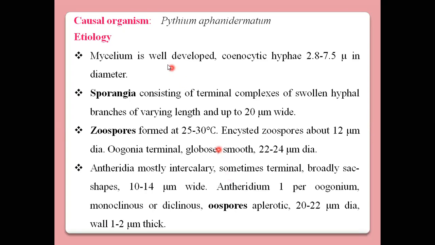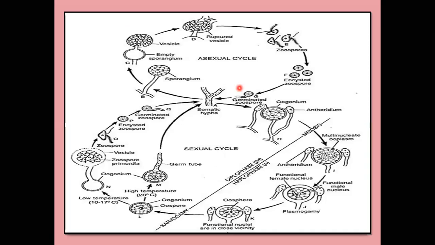Initially, Pythium develops mycelia, meaning coenocytic hyphae, under favorable conditions and produces either sexual spore fruits or asexual spore fruits, depending upon the temperature in the particular atmosphere. So this is the disease cycle or life cycle of Pythium.